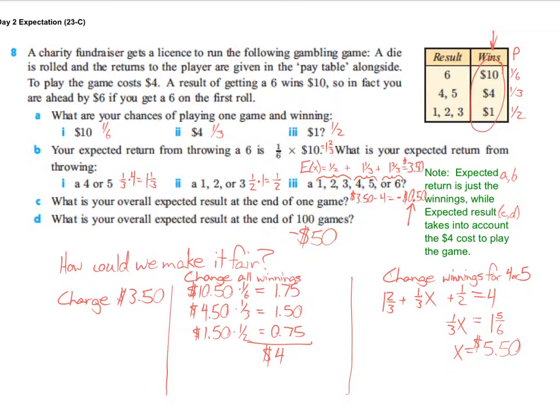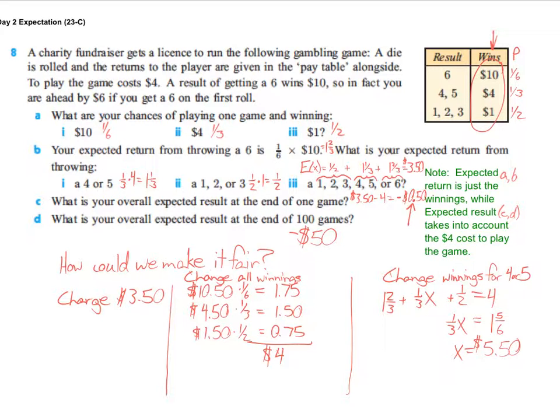For the change all winnings, you add 50 cents to each one. So could you just put that 150 cents into 1? No, because the probabilities are different. Because you have a 1 in 3 chance.